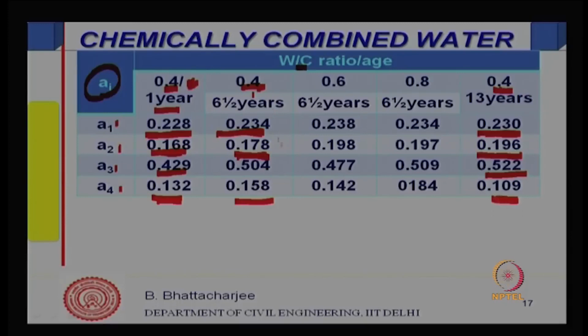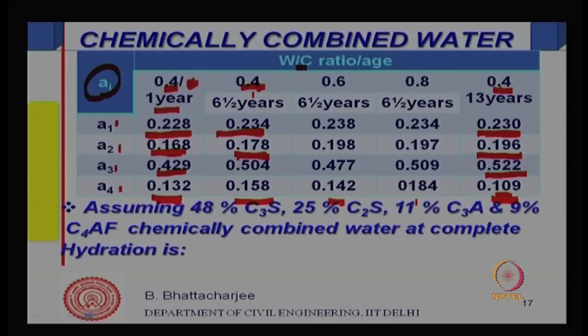But if the water cement ratio changed to 0.6 and 0.8 in 6.5 years, the variation was something like this. I think there may be some mistake in this figure, whatever it is. What we see is that different quantities of water are required by different compounds of cement for their complete hydration, because 13 years one can assume to be full hydration.